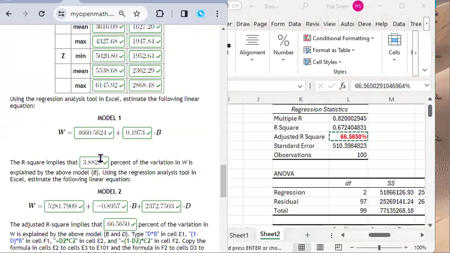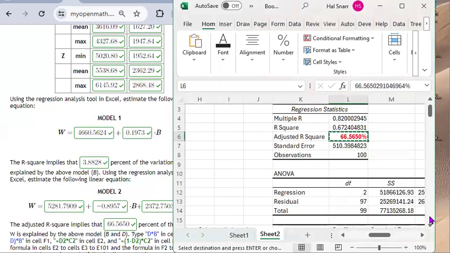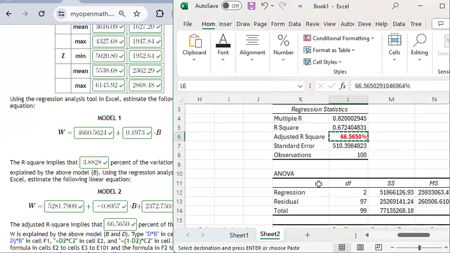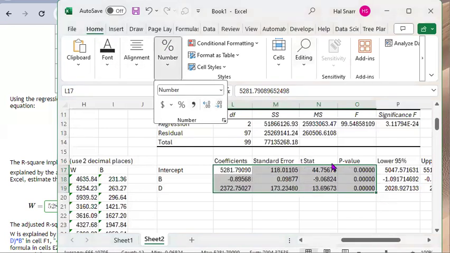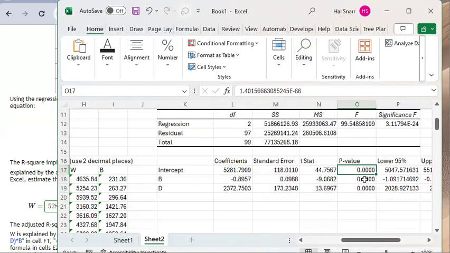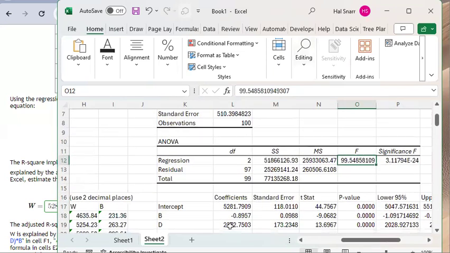If I was just looking at the R-square, I'd say this model fits the data better than the previous model. Our p-values for the intercept, the slope, and the dummy variable are all really close to 0, so this model fits really well. The F statistic is massive, almost 100, and that's for our multiple regression.